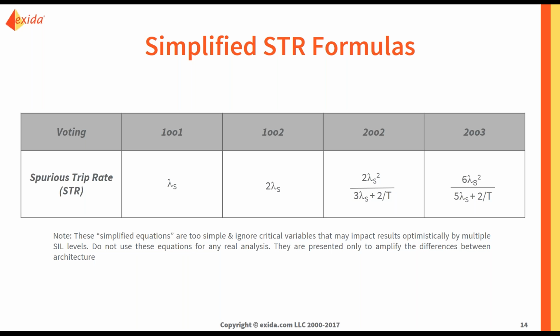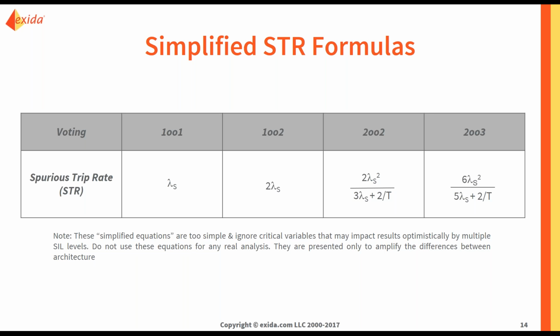Then we get into more complicated configurations, for instance, the 2 out of 2 and 2 out of 3 configurations. Let's take 2 out of 2, for example. In this case, if you have 2 valves in parallel, both of them are going to have a safe failure to trip the plant. And therefore, you have the safe failure rate squared in the numerator of that equation. It's a complicated equation.